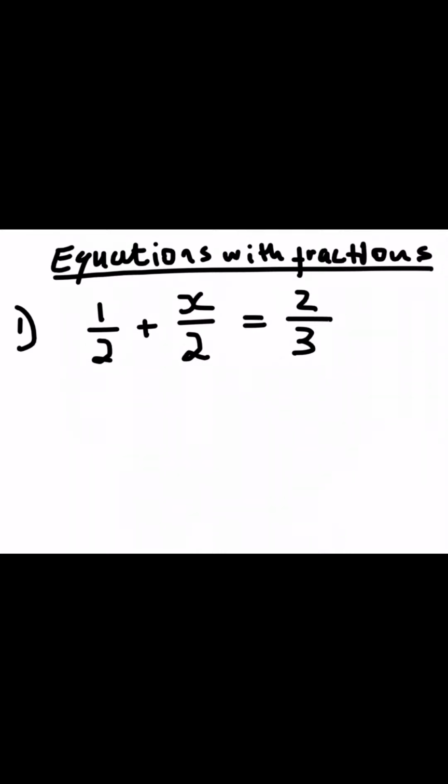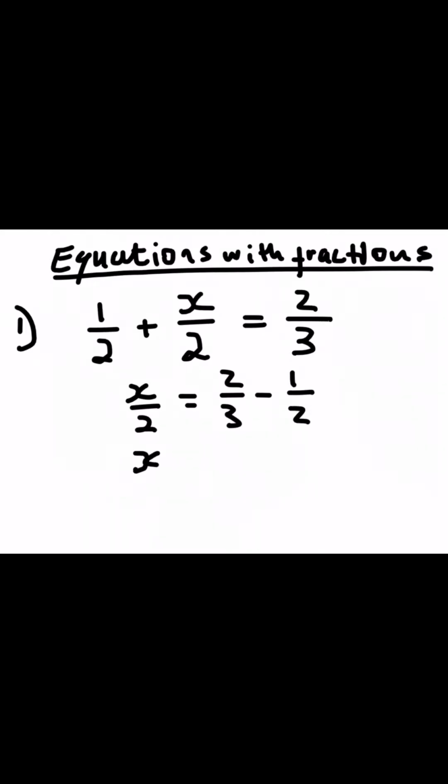So that means this x over 2, you can say it is equal to, already you have 2 over 3 on this side. Then what you can do, it is 2 minus that 1 over 2.